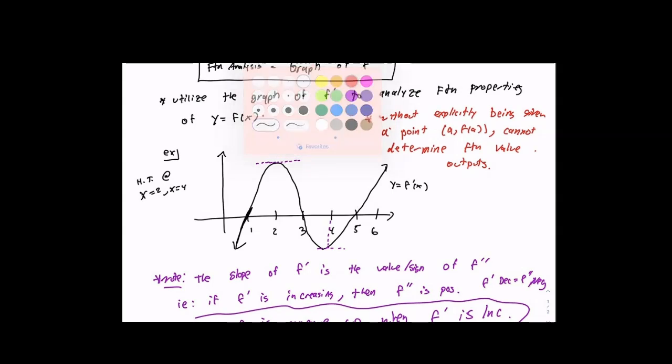We should realize that for f, x equals 1 will be a relative min. X equals 3 will actually be a relative max because of the derivative's sign change. X equals 5 will be a relative min. X equals 2 will be a point of inflection.